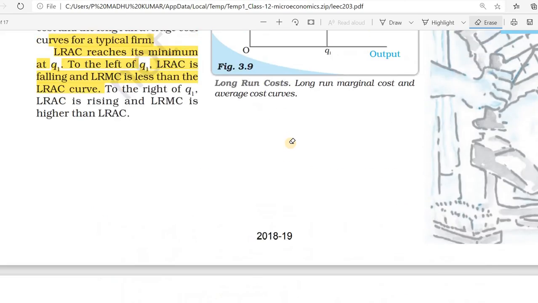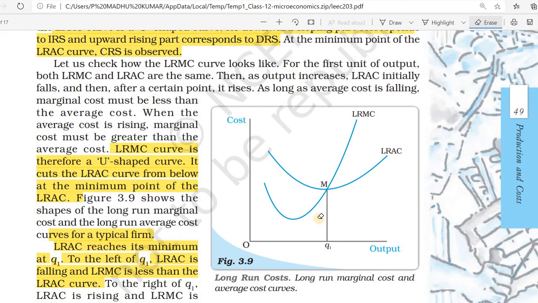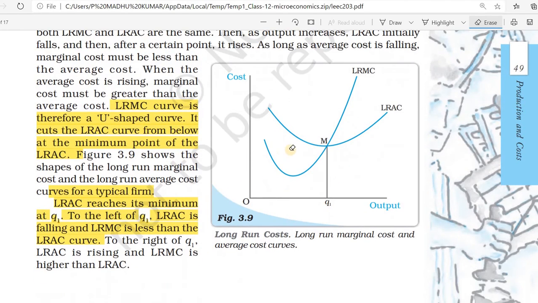From this diagram we can understand that the long run marginal cost curve, LRMC, will cut the long run average cost curve at the minimum point.